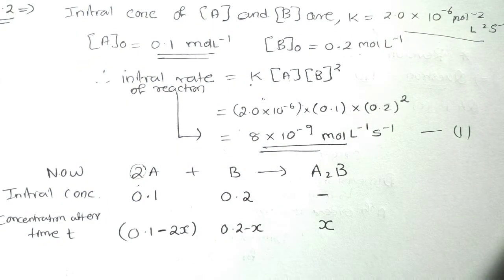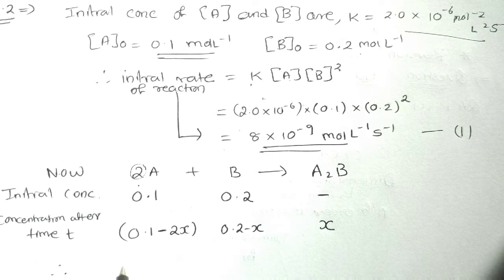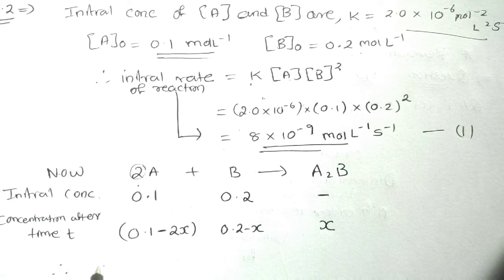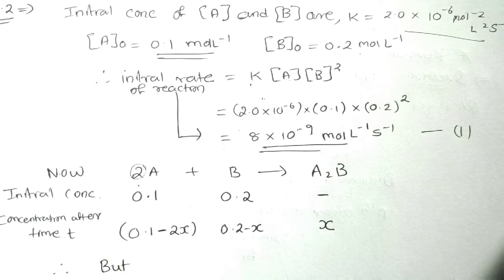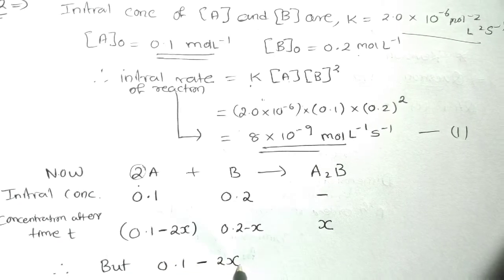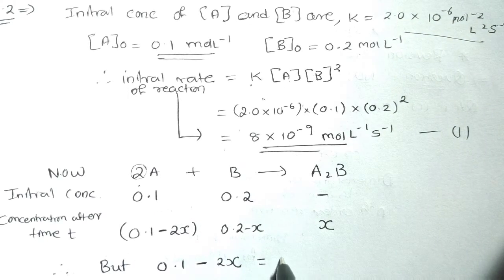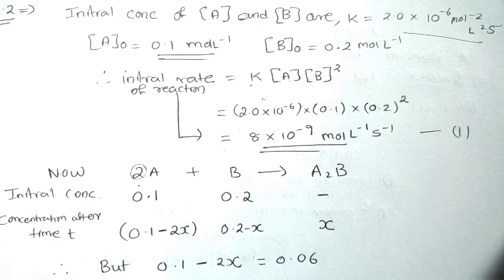Now, what we have seen is we can write 0.1 minus 2x is equal to, we have seen it is being reduced to 0.06, if you remember.